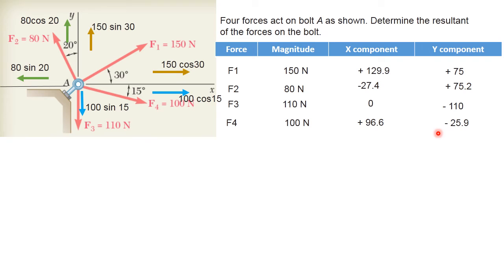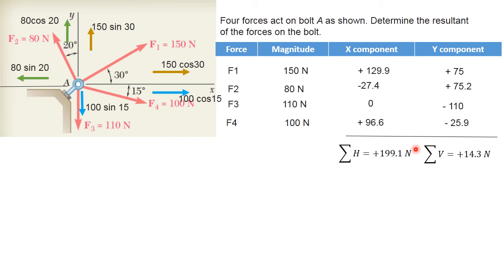Okay, so in this manner, first find out each force component along the horizontal axis and vertical axis, getting its magnitude with respect to its direction, that is, whether plus or minus magnitude. After that we get the sum of all the horizontal components and the sum of all the vertical components.